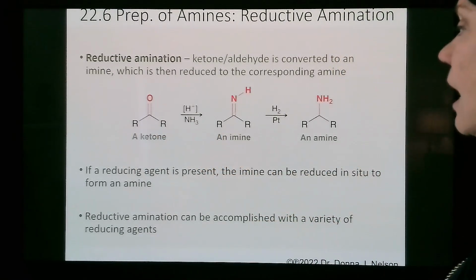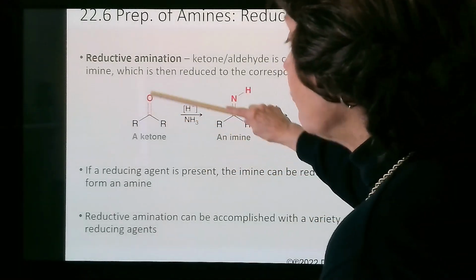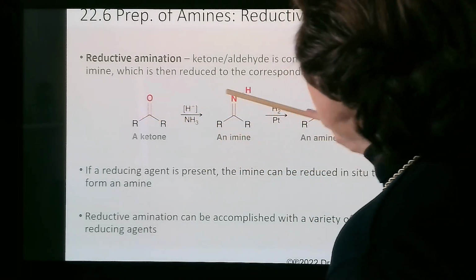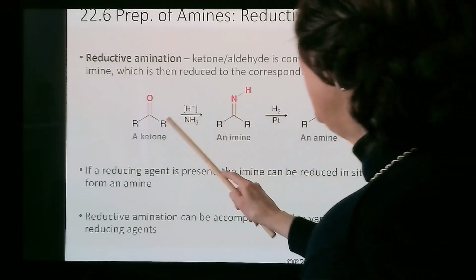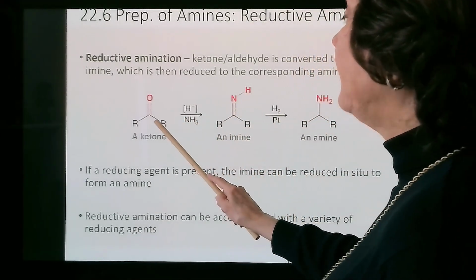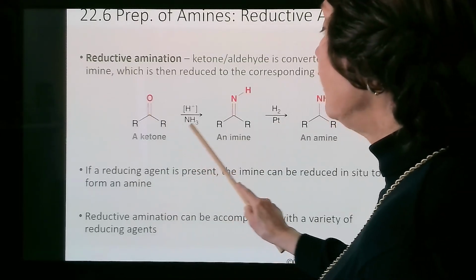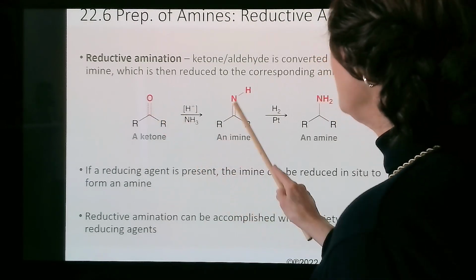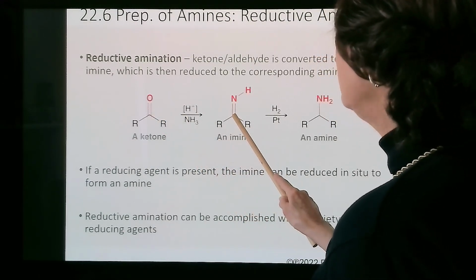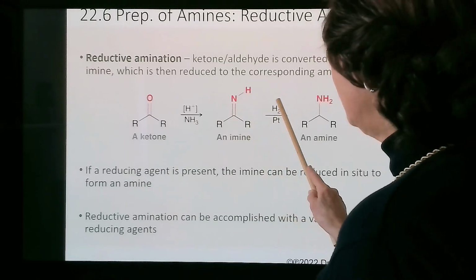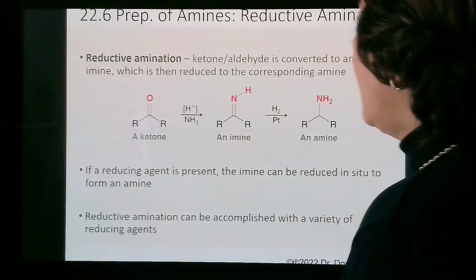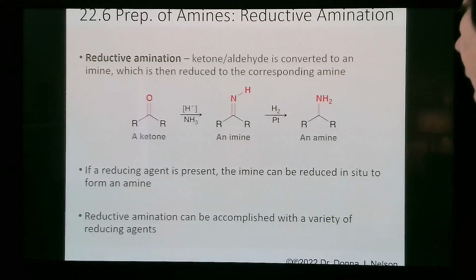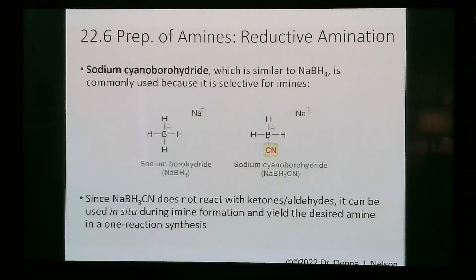If it is a reducing agent that does not react with the carbonyl, but does react with the imine, then as soon as the imine is generated, it's reduced. There are others that can be used, and so it can be done in one pot, a one-pot reaction.